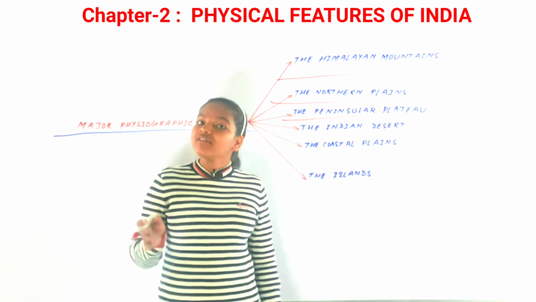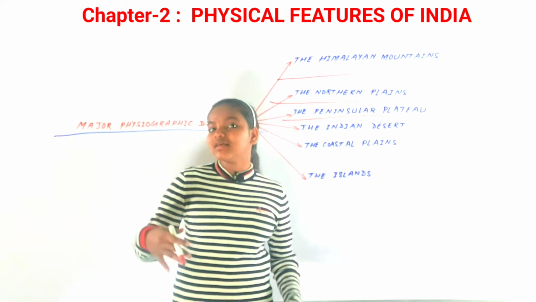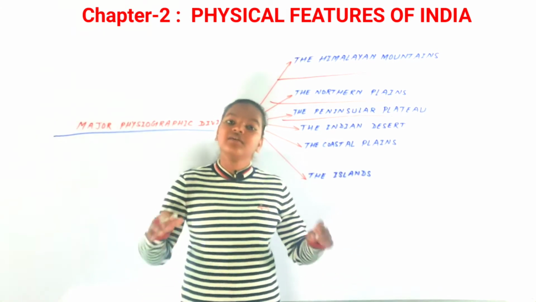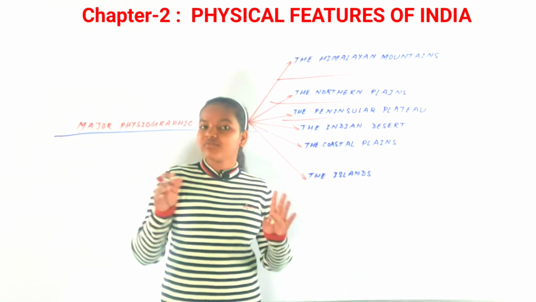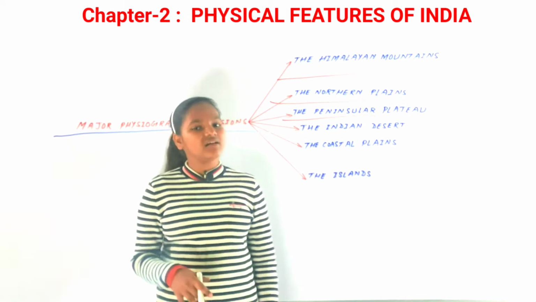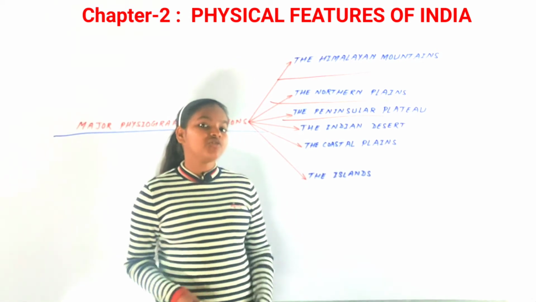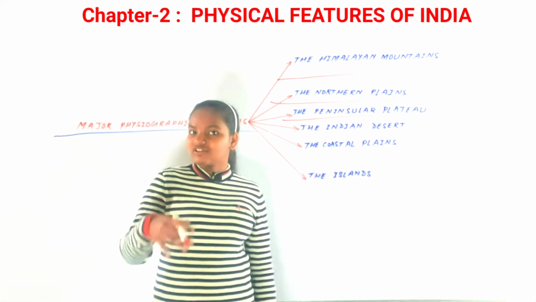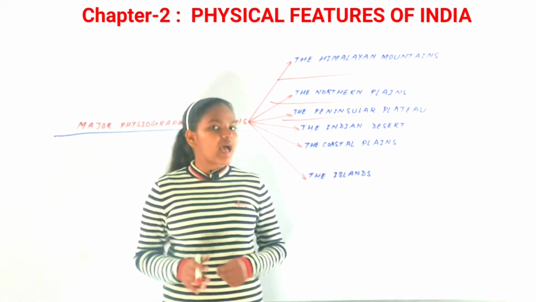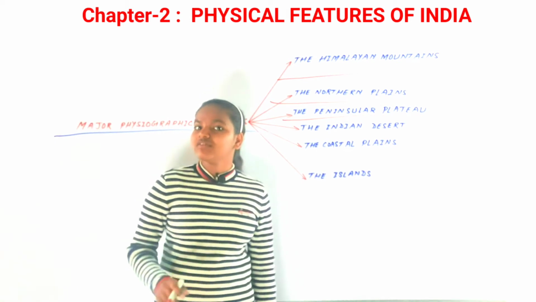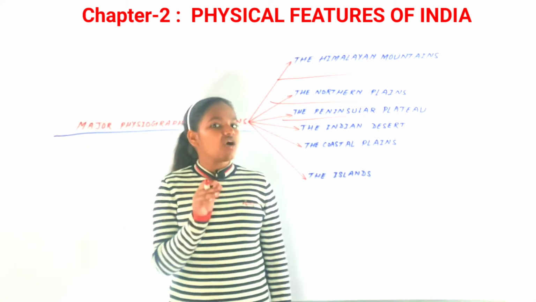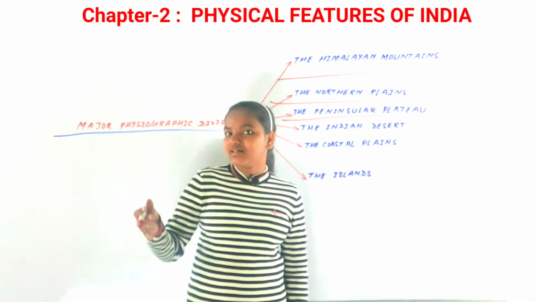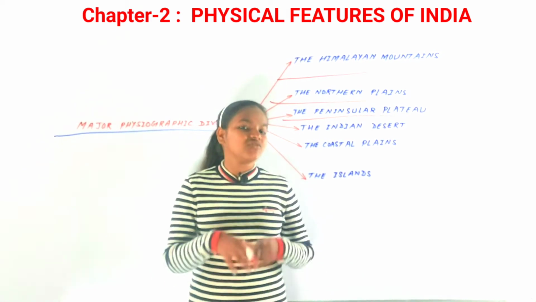And from the northeast, there are the Aravalli hills, which also bound the Central Highlands. So that is the westward extension towards Rajasthan, the southern extension towards the Vindhyan Range, and the northeastern extension towards the Aravalli hills.